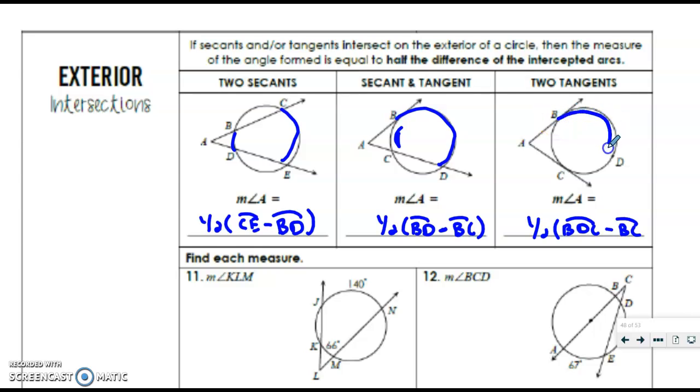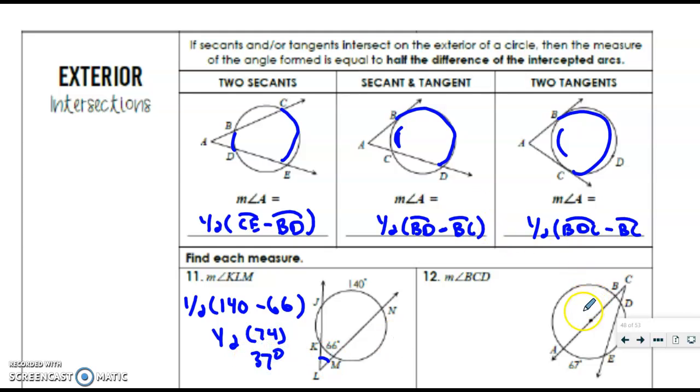And then for this one minus this one. So if I look at this case, I'm trying to find KLM. I'm trying to find this angle. So I'm taking half of 140 minus 66. And so I'm taking half of 74. And that's going to get me 37 degrees.